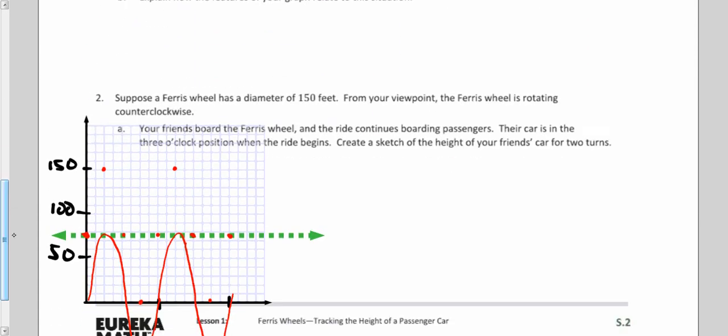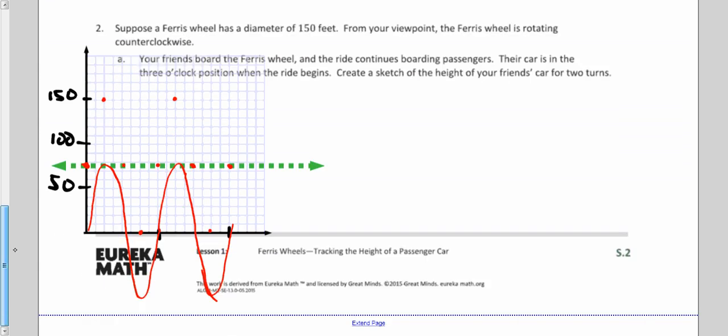Does the x-axis represent anything different now than it did before? No, it's the same thing, right? What about the y-axis? What does the y-axis represent? Does this represent height anymore? What does it represent?